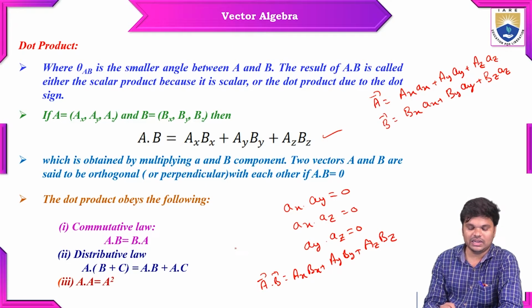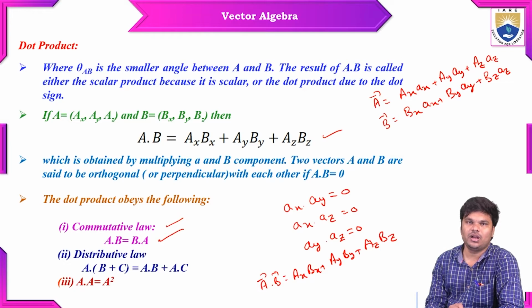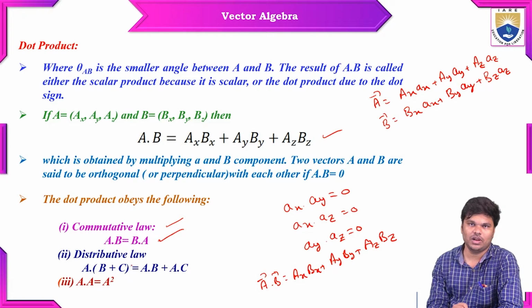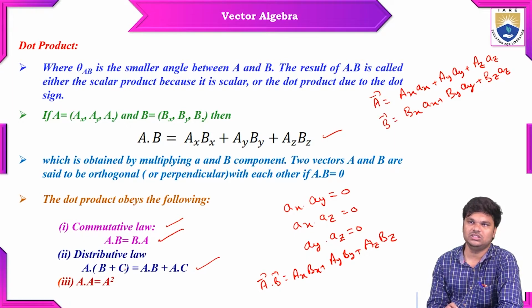This dot product obeys certain laws which are given here. First one is the commutative law: A dot B is nothing but B dot A. This is well known to us. The dot product also obeys the distributive law: A dot (B plus C) is nothing but A dot B plus A dot C. And if you perform the dot product of two same vectors, it is nothing but the square of the magnitude of that vector, because the angle between the two same vectors is 0.